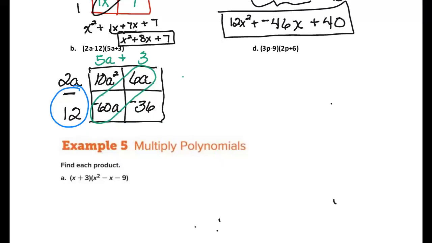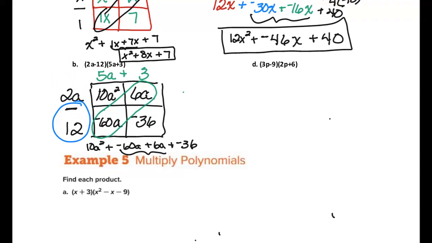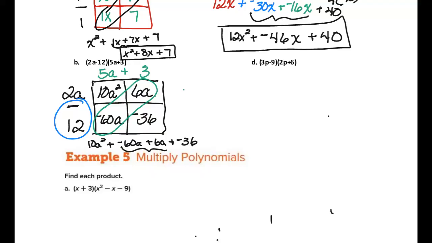See, I have the A family there. So writing this down below, try to do it in standard form, greatest degree to smallest. This is 10a squared plus negative 60a plus 6a plus a negative 36. I'm going to combine my a terms, and my final answer is 10a squared.